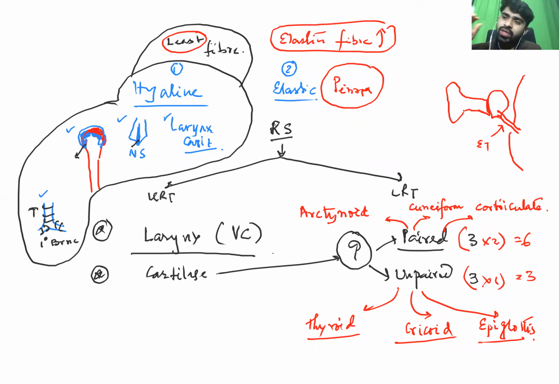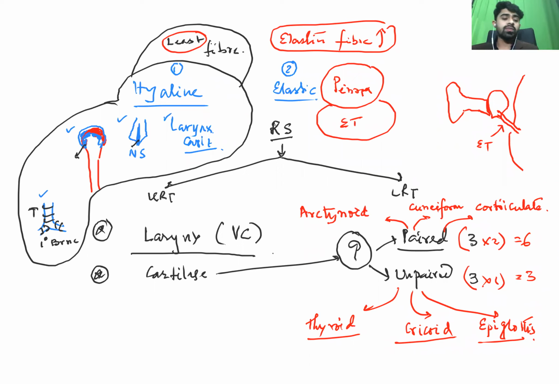Can you tell me what the Eustachian tube is made up of? Which cartilage? Hyaline cartilage? No. Do you think it is elastin? So how can you remember that, be it the pinna or the Eustachian tube?